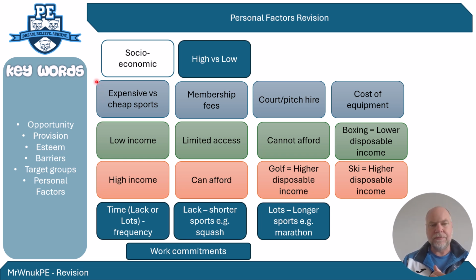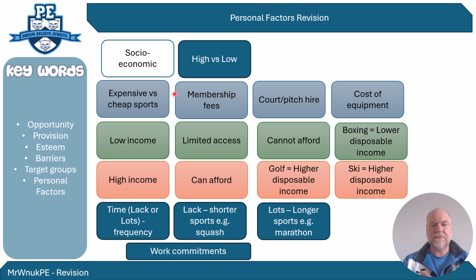And we can look at the difference between expensive sports versus cheap sports. Obviously people with a low income will end up focusing on the cheap sports, and people with a high income can often take part in more expensive sports. And it'd be useful to give an example for people in those situations.